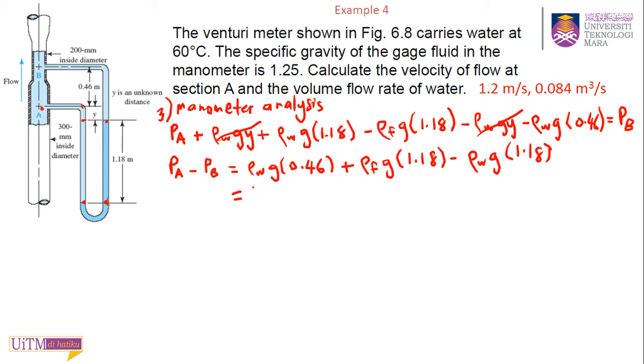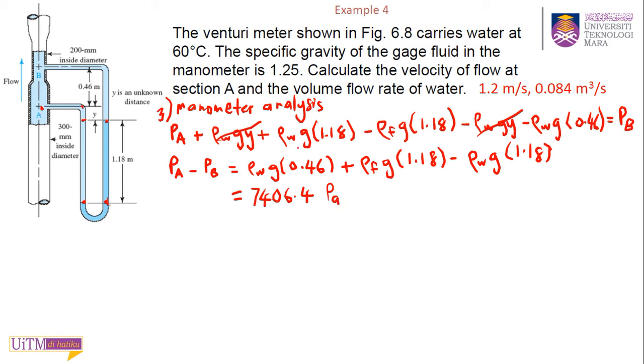Berapa nilai PA minus PB? Saya dapat 7406.4 saya. 7406.4. Anyone got the same? Pascal.